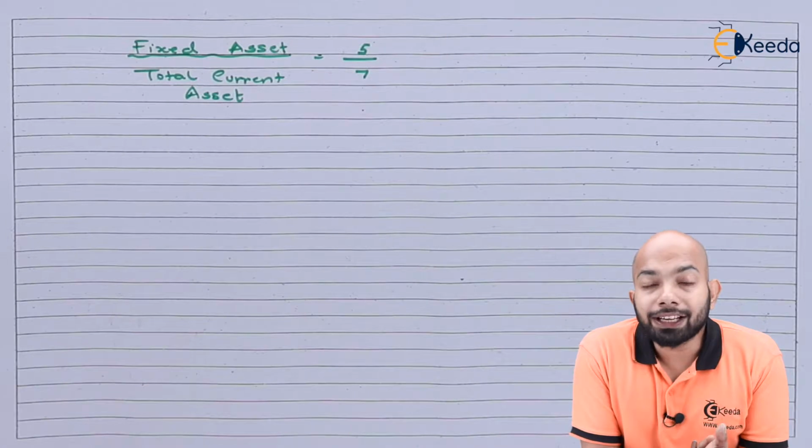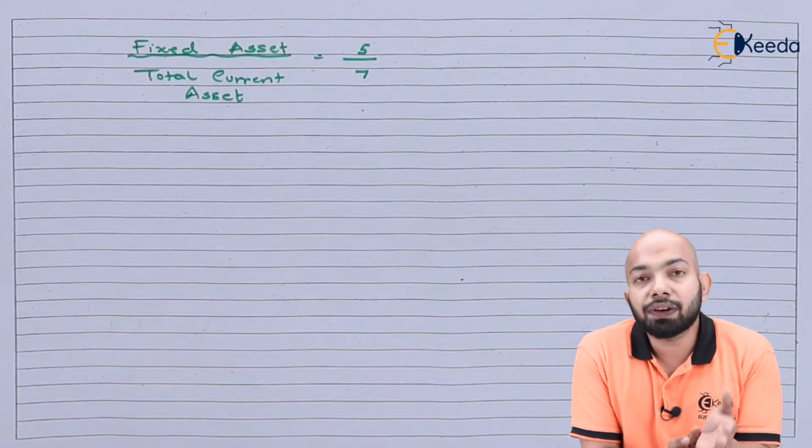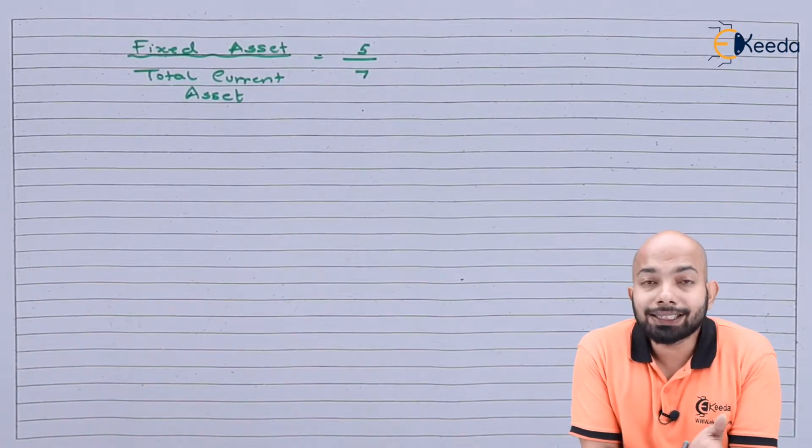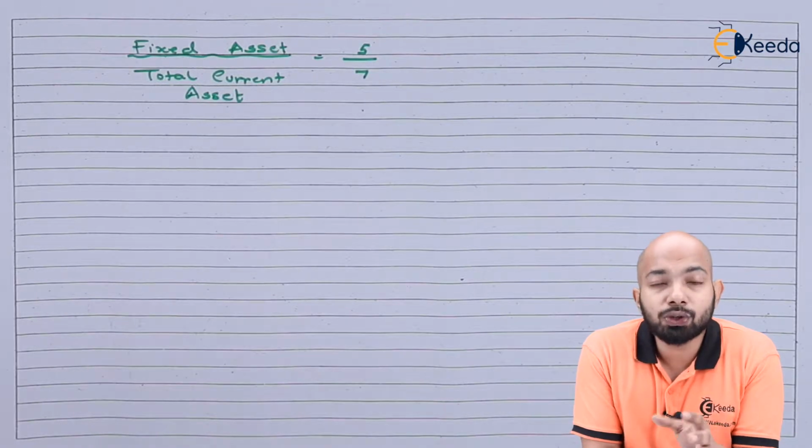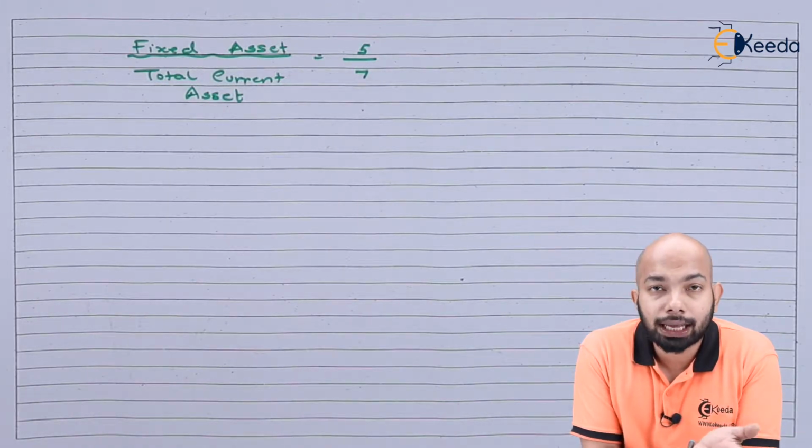So the ratio for fixed asset upon total current asset is 5 upon 7, of which fixed asset amounts to rupees 10 lakh. That means you can easily figure out how much is total current assets here.